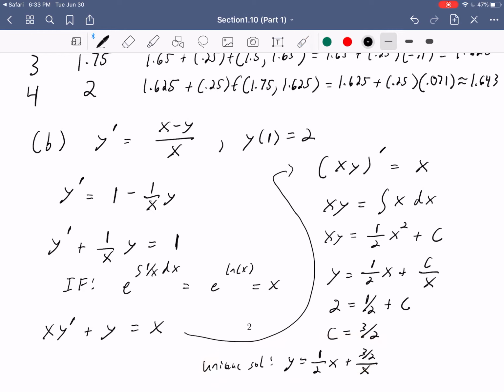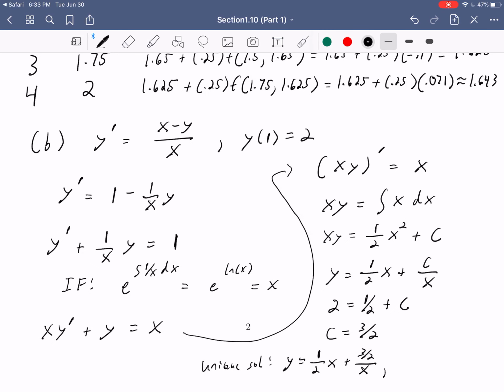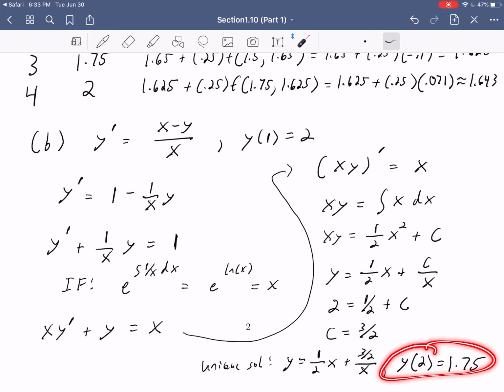Well, yeah, y of 2 would be equal to, if we plug in 2 in there, 1, and then 3 over 2 divided by 2, so 3 over 4. So it looks like 1 3/4, which would be 1.75. So the actual value of the solution curve at x equals 2 is 1.75.